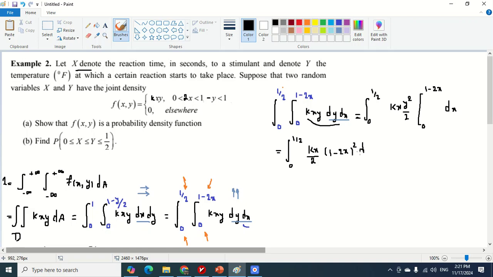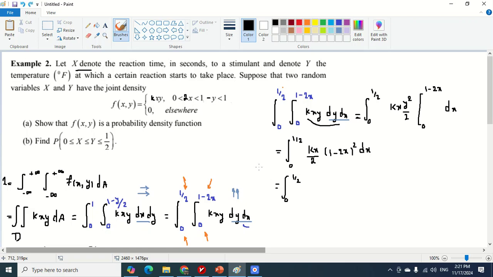Right now it's better to expand that expression. However, you can use the substitution method to solve it, but you can expand it. It's easier to calculate that value. If we expand the expression inside of the integral, then we have the following things. We can put that constant outside of the expression as well.